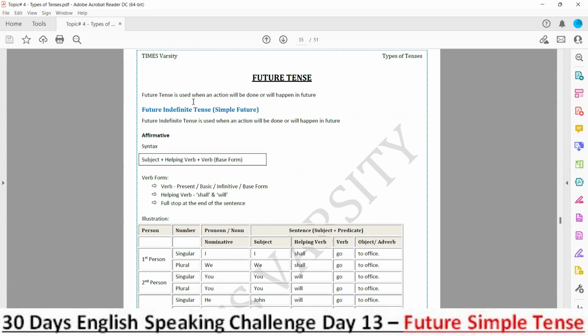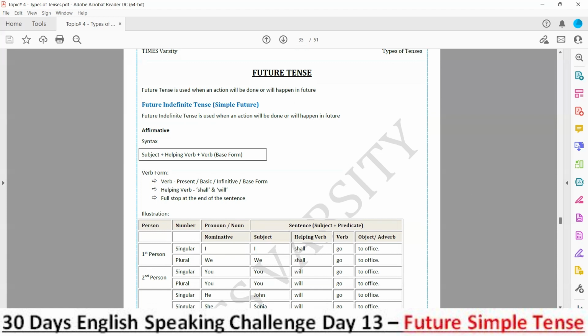Let's first start with future indefinite tense, which is also called simple future. It is used when an action will be done or will happen in future.